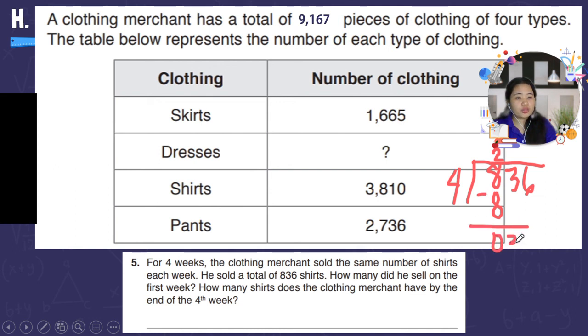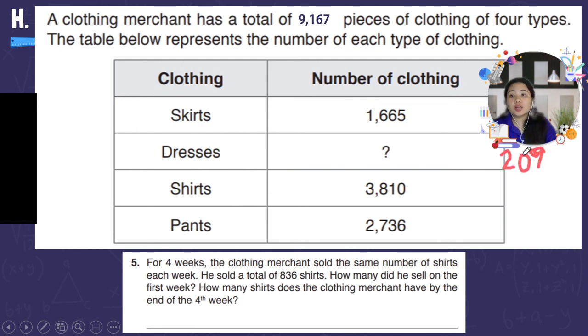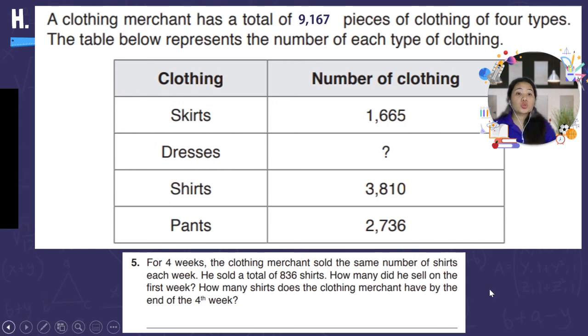Bring down 3. 3 divided by 4 is 0. 0 times 4 is 0. Then 3, bring down 6. 36 divided by 4 is 9. Oh, I'm so sorry. So that is 9, then 209. 9 times 4 is 36. Then 36 minus 36 is 0. So the answer is 209. If you can divide, that's how you divide.